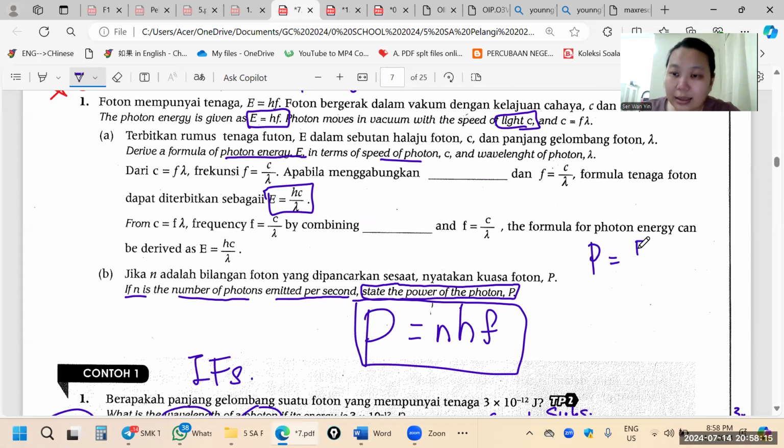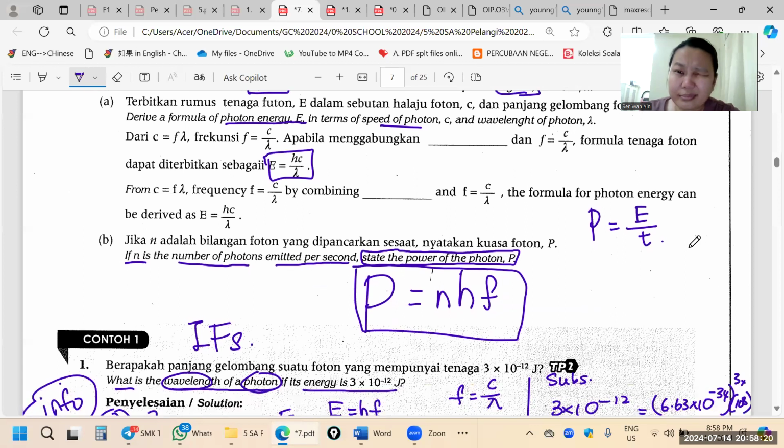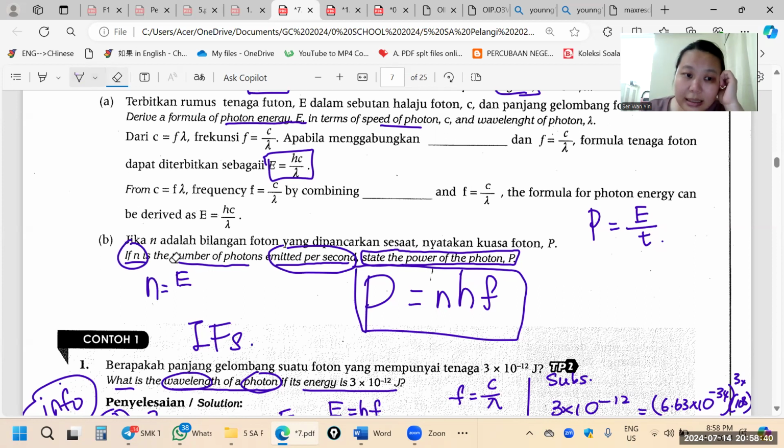Power equals to energy over time, right? So if n is the number of photons emitted per second, you can see that actually this is P.